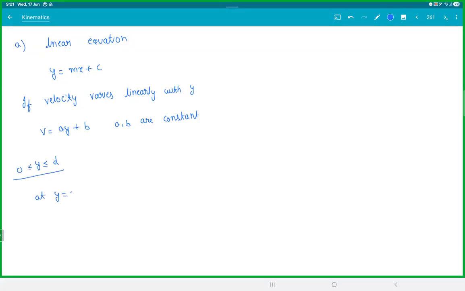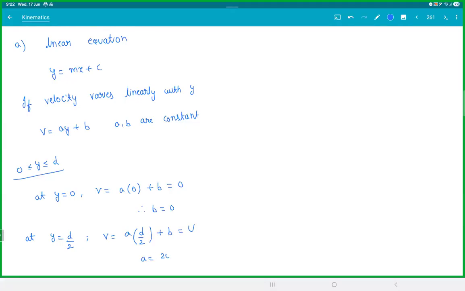If you put y is equal to 0, v must be 0. So that will be a into 0 plus b is equal to 0. Therefore, b is equal to 0. At y is equal to d by 2, v is equal to u, so substitute here: a into d by 2 plus b is equal to u. But b is anyway 0.